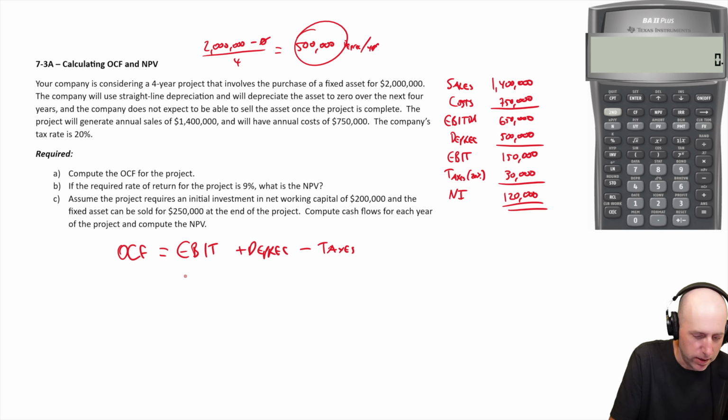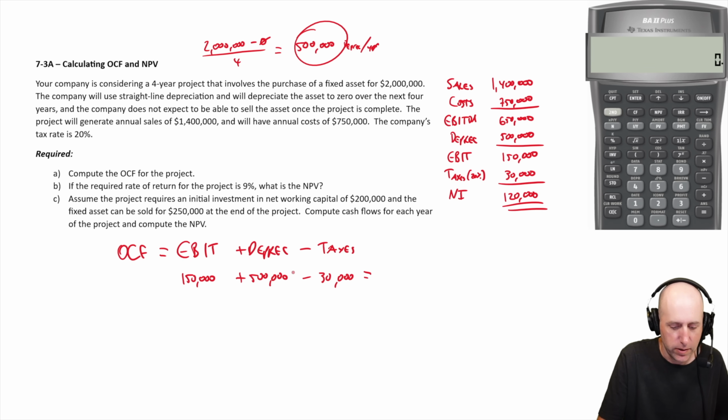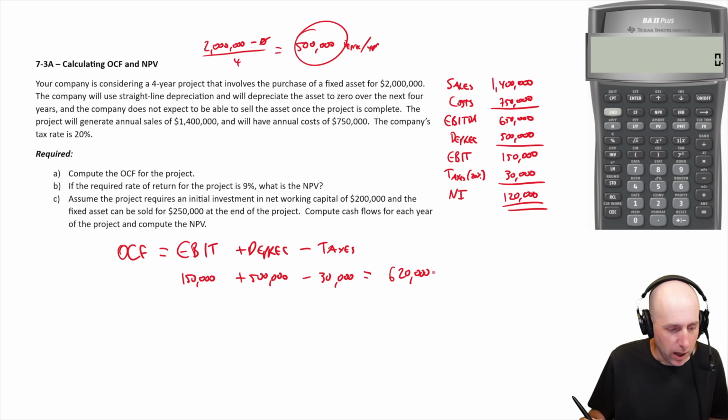So for us, EBIT is 150. Depreciation, huge number, 500. Taxes are 30. So 150 plus 500, 650 minus 30 is 620. Okay, so 620 is the OCF of the project.